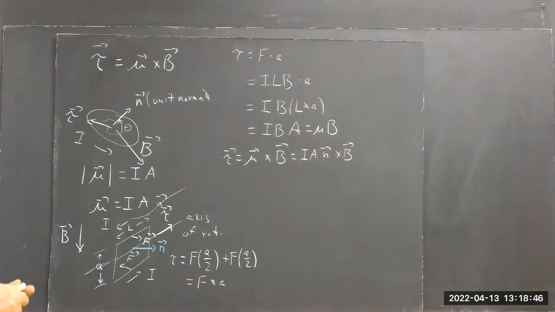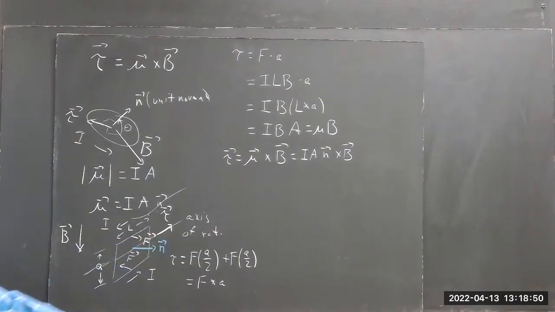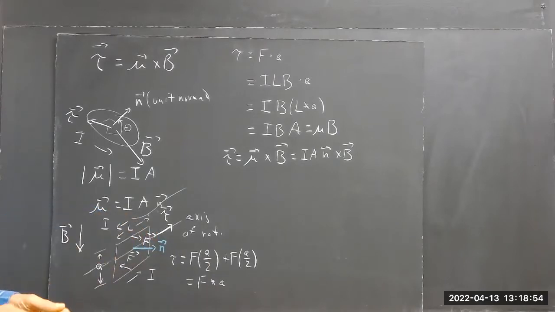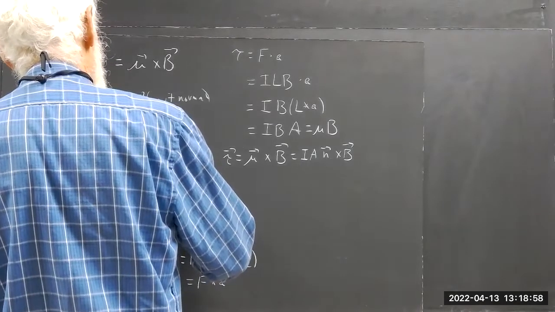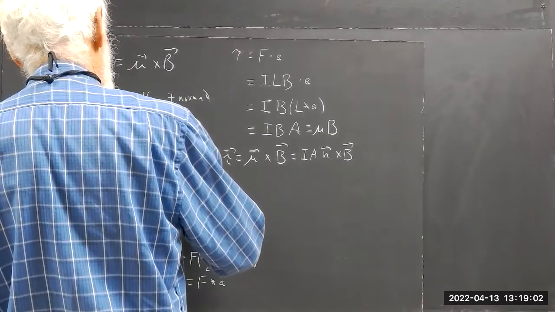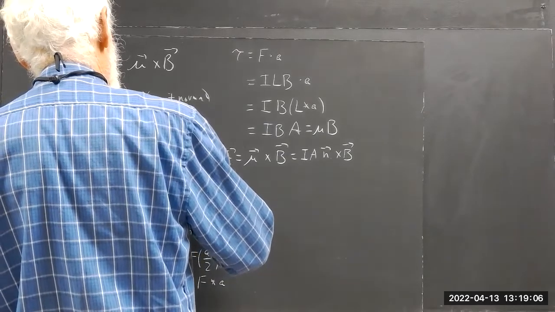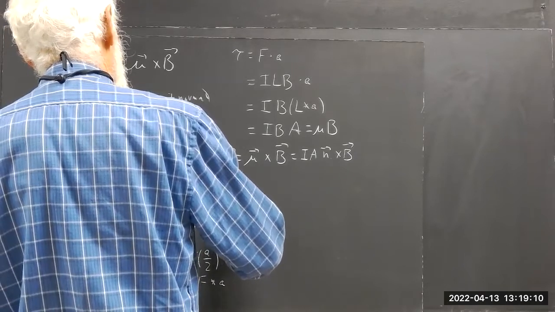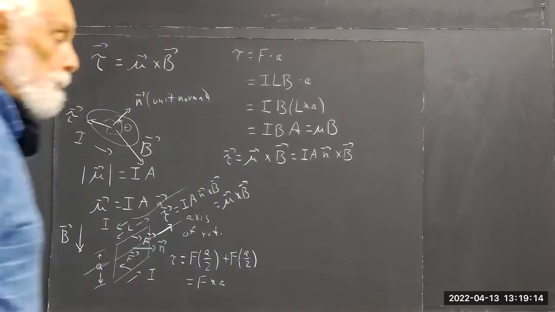And what's N cross B? N's in this direction, B is this direction. So N cross B is here, the direction of your torque. So there's your vector torque, which is mu cross B.